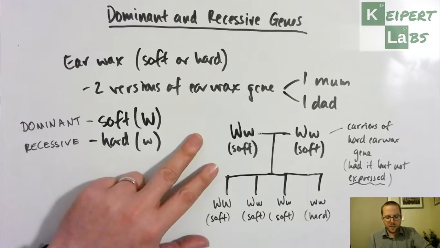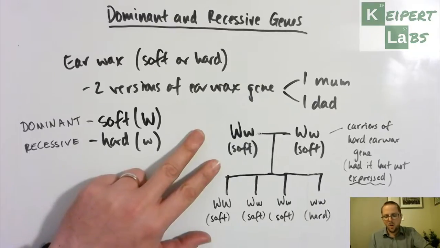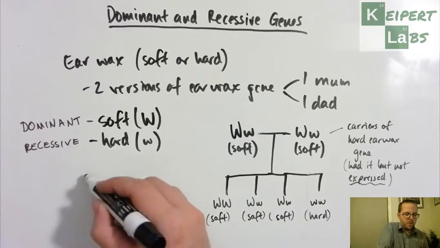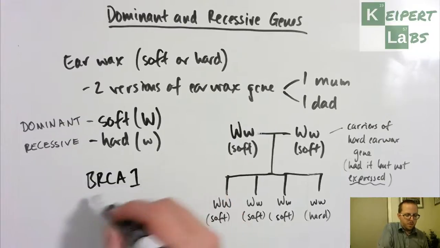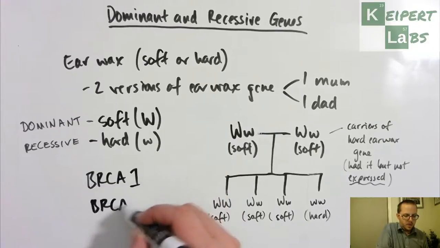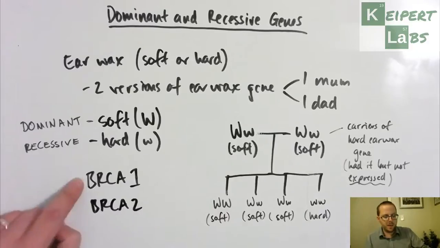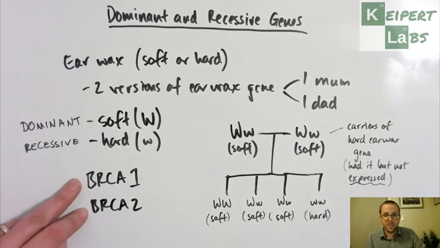Examples include hemochromatosis, a really common genetic condition to do with the storage of iron, and the BRCA1 or BRCA2 genes, which can affect the incidence of ovarian and breast cancer in lots of people.